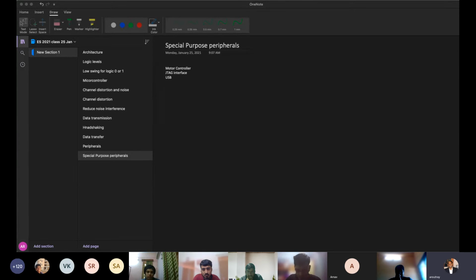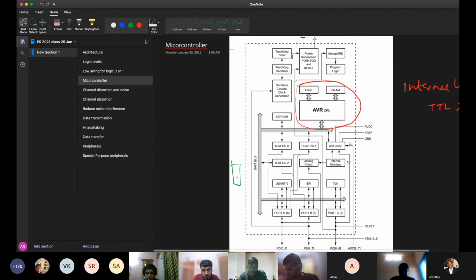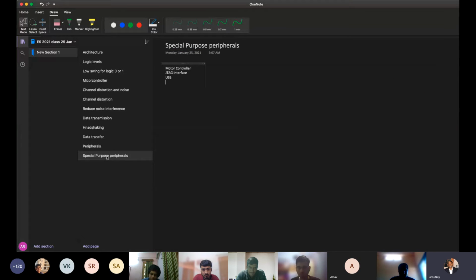So that is a peripheral. There could be many peripherals like that. These are called special purpose peripherals.